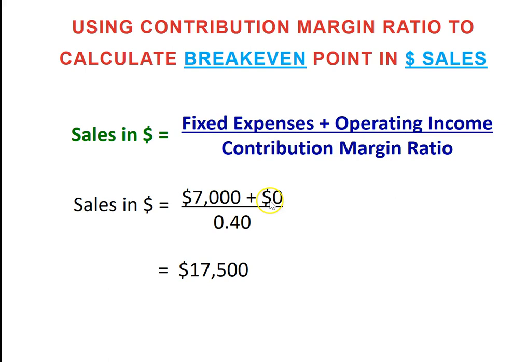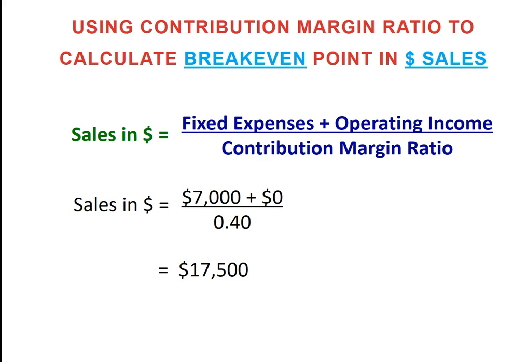Again, operating income is 0, and I showed you that their contribution margin ratio is 40 cents. So you figure out that their break-even point is $17,500. That means if their sales is below that, they will have a loss. If the company's sales is more than that, then the company will make a profit.